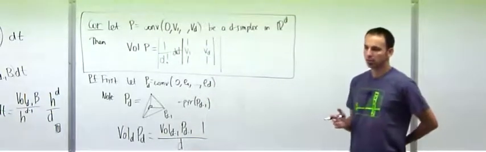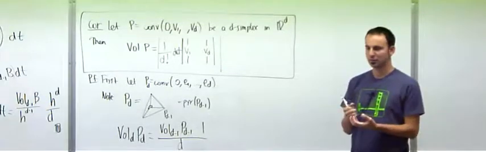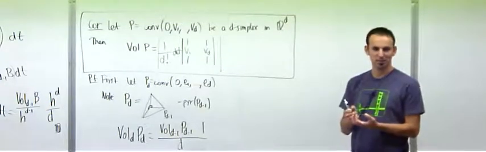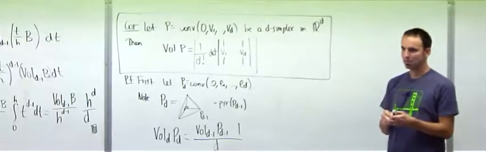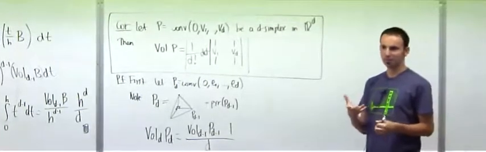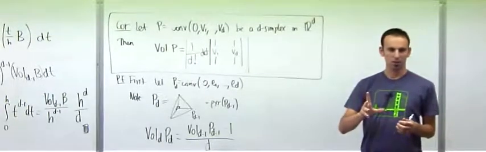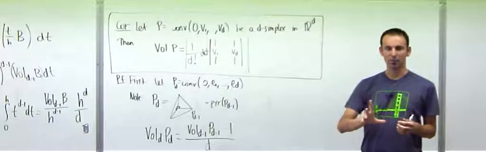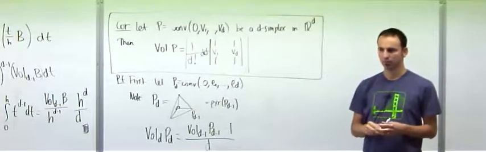Now, how do we do it for an arbitrary simplex? You guys have any ideas about how to do this? Basically, the point is that you can take any simplex, and through an affine transformation, you can take it to any other simplex.